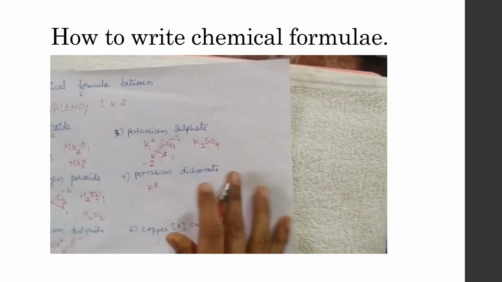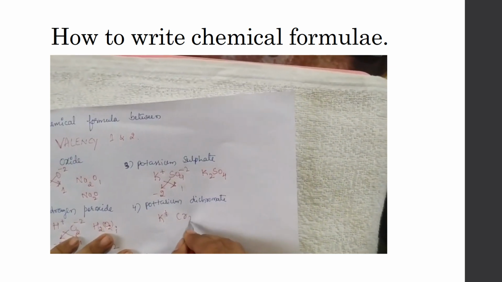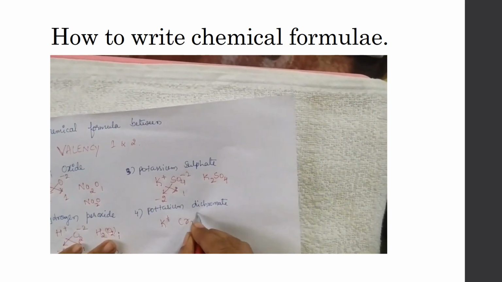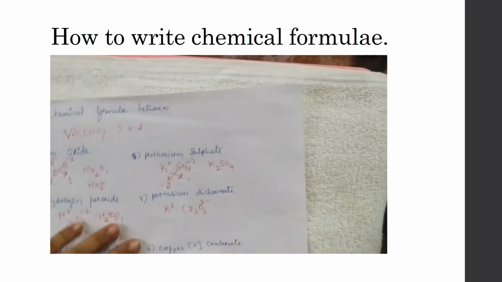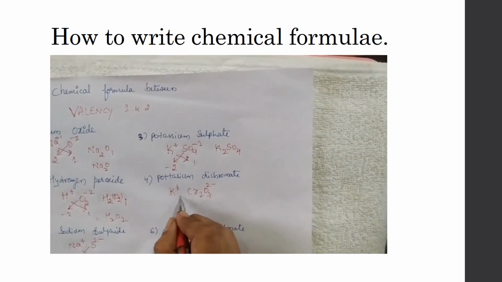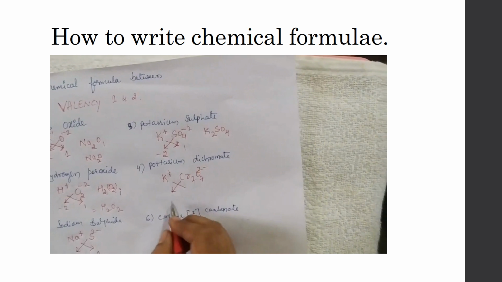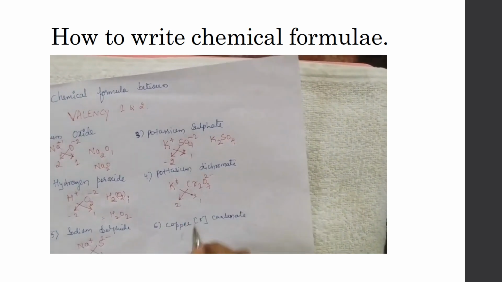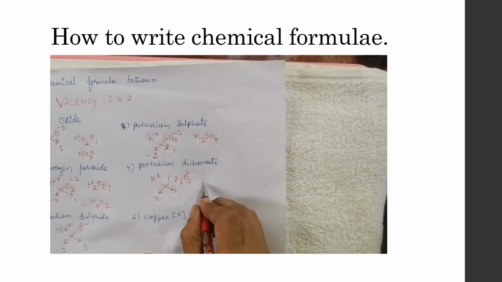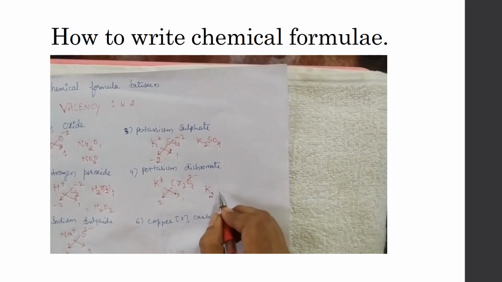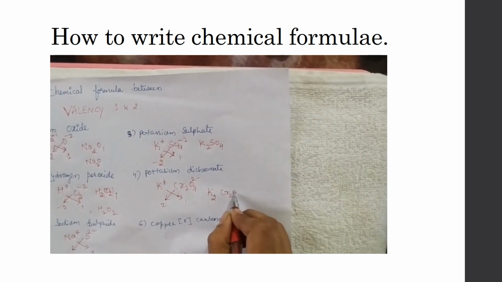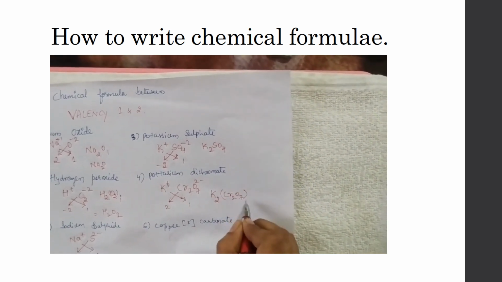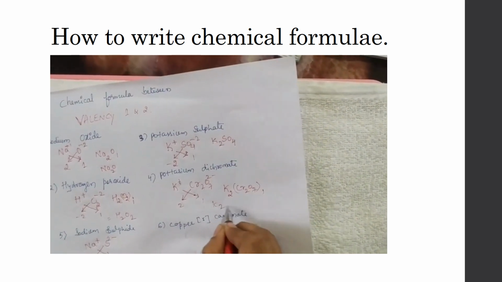K plus, Cr2O7 minus 2. Again here we will exchange the valencies, 2 and 1. We can write the formula like this, K2Cr2O7. Directly we can write K2Cr2O7.